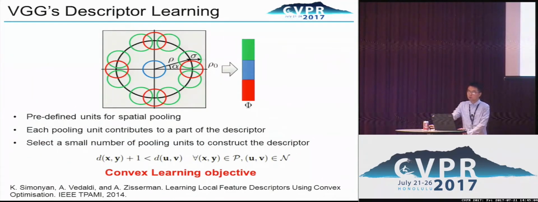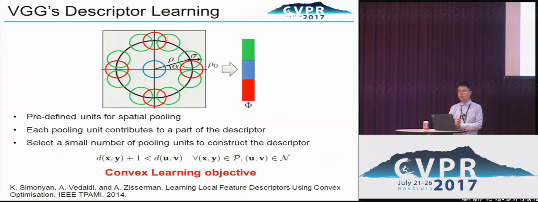Following Matthew Brown's work, Simonyan et al. have reformulated the learning target as a convex one with a sparse constraint. In this work, they only focus on the learning of spatial pooling and the feature embedding methods. The low-level feature is fixed as a kind of normalized gradient orientation map.